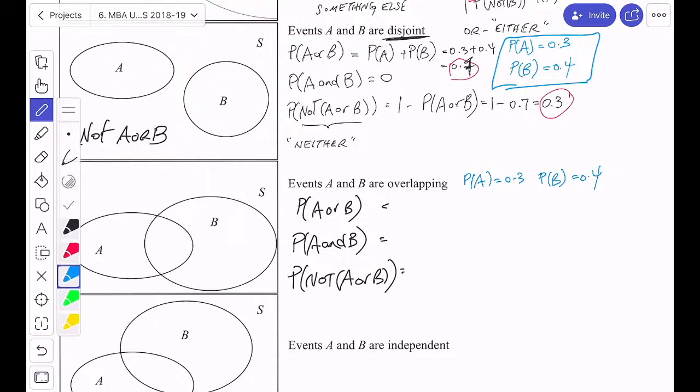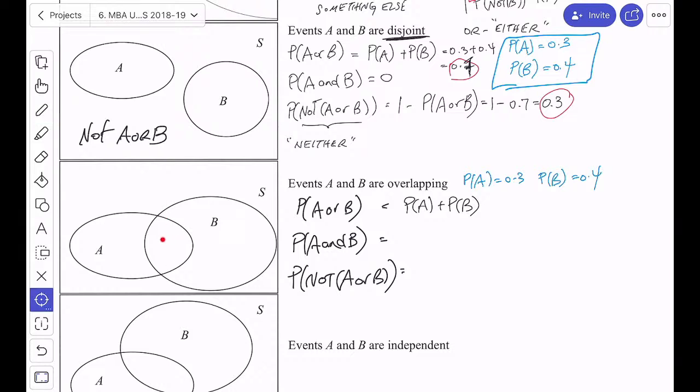When they're overlapping, as I explained, if you take A and you add it to B's probability, you're overcounting the shared space by 1. So why don't we just take it off? And that's the rule for calculating this or that when the events overlap.